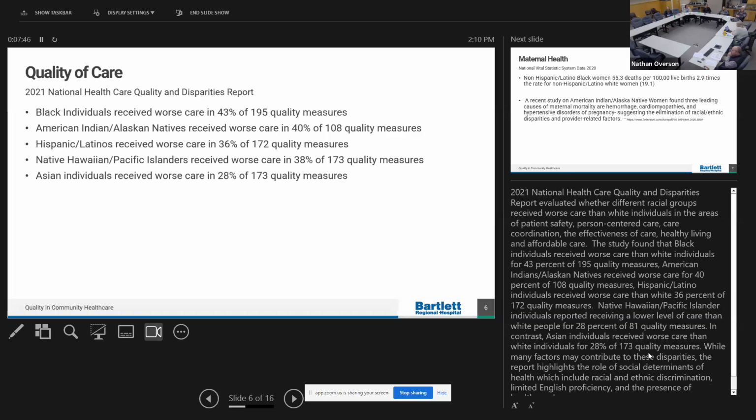Some were equal or higher. These are only the percentage of measures where they came in lower than someone considered white. Okay, so that's why there are different numbers. Thank you. So some ethnic groups actually didn't look as bad as others. Next slide.